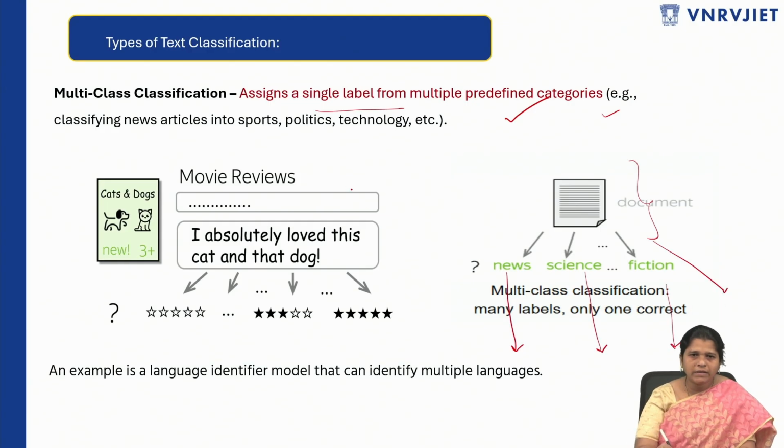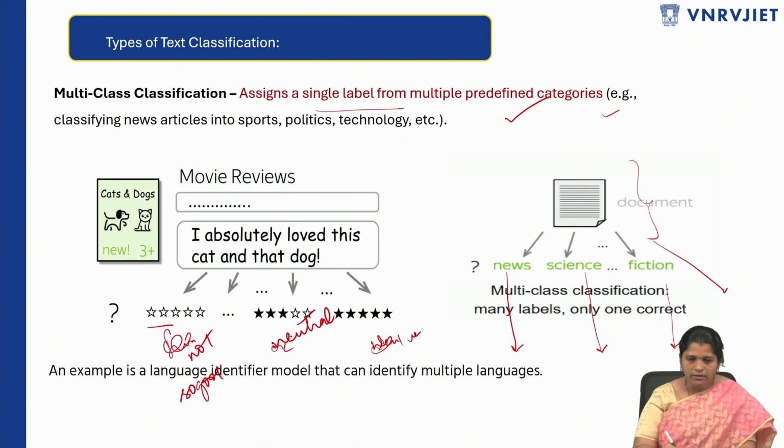Similarly, reviews of movies: one says it is fun, one says it is okay, one says it is neutral. Of course, here it is a positive review, they have appreciated it. It is neutral here, and here they have given less rating, meaning it is not so good.